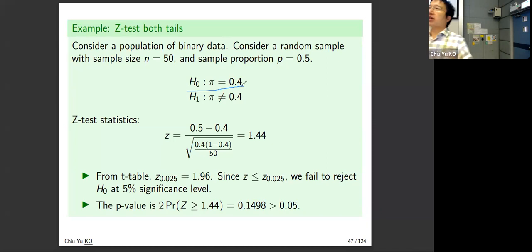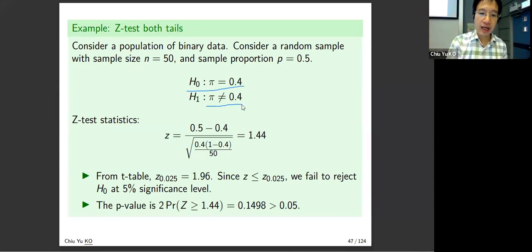I collect data, which turns out to be half male, half female. I want to see whether this rejects or not, and I want to see more than or less than, because I don't know whether it's more than 40% or less.